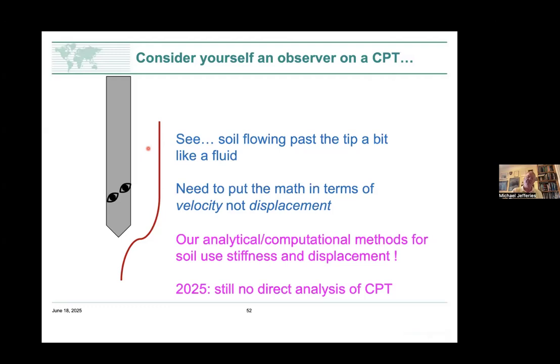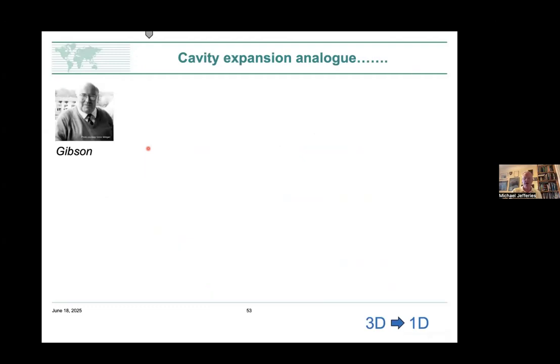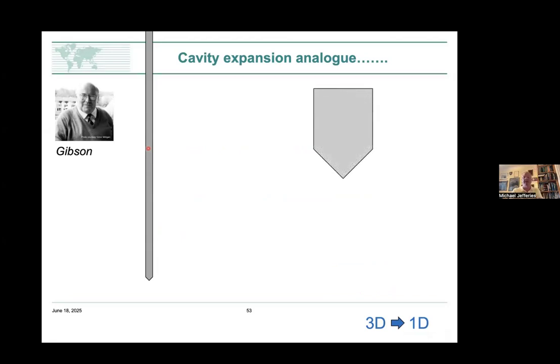So how did we learn about properties influencing the CPT, and thus how can I learn what my calibration factors are? Well, the chap who got us into this was Bob Gibson, which is the guy you see in the photo. What Bob did, he said, well, if you push something into the ground, he actually did this work in terms of a displacement pile, when we treat CPT as being like a pile.